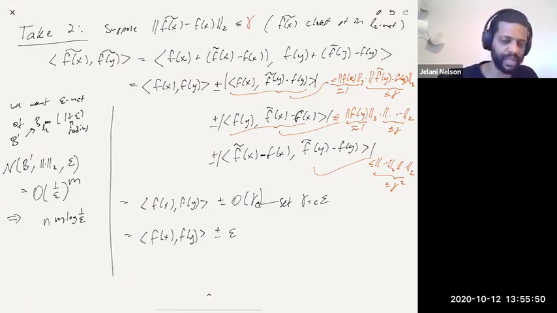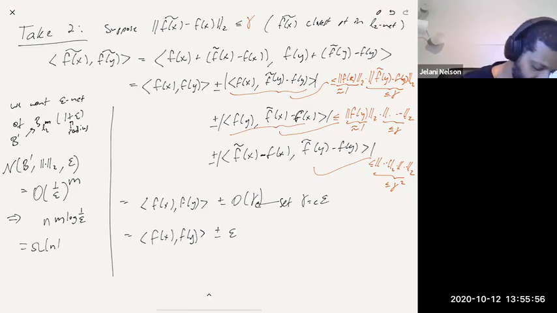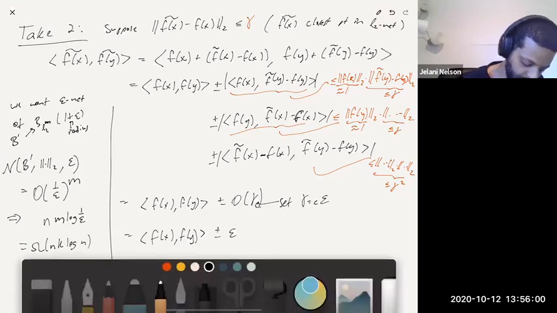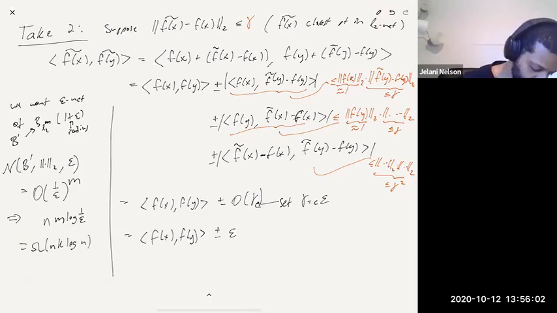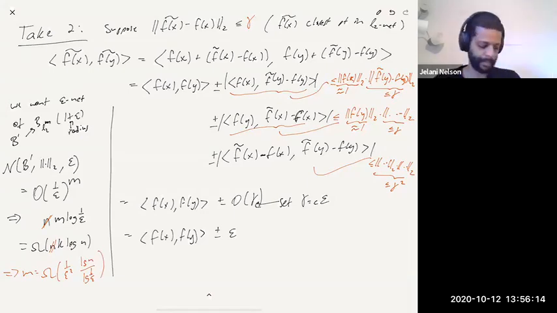So that's the total bit length of the injection. And that, again, has to be omega of nk log n. And then you get cancellations just like before. So that implies that M is at least 1 over epsilon squared times log n over log 1 over epsilon, right?